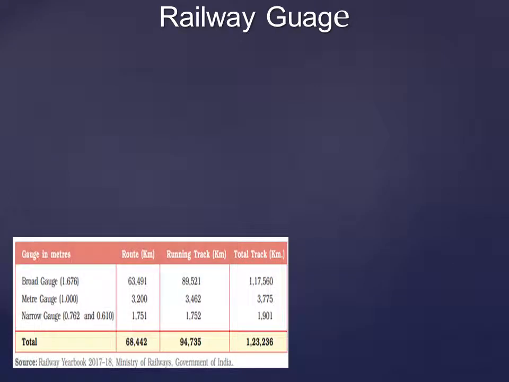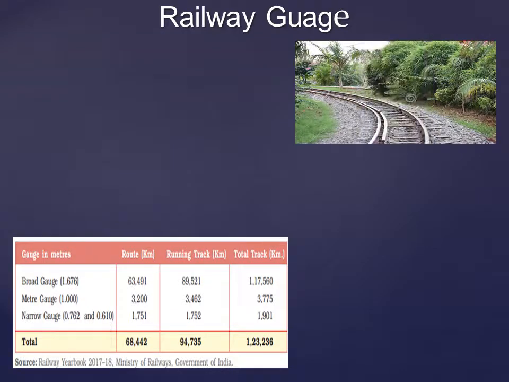First one, when we take broad gauge, it is 1676 millimeters, and its route is around 63,491 kilometers, its running track kilometer is 89,521, and total track kilometer is 1,17,560.